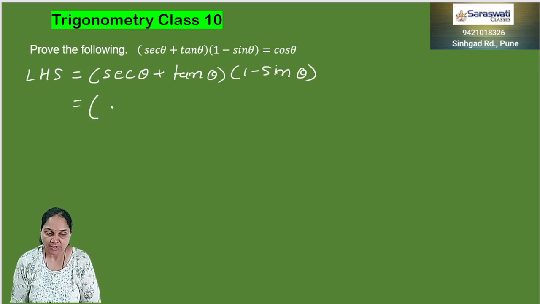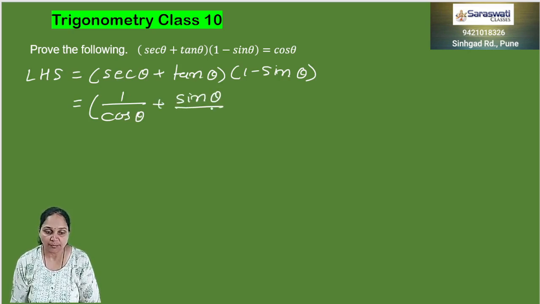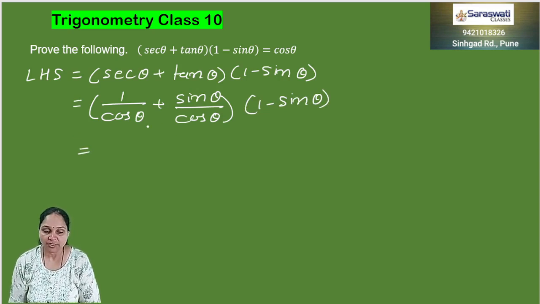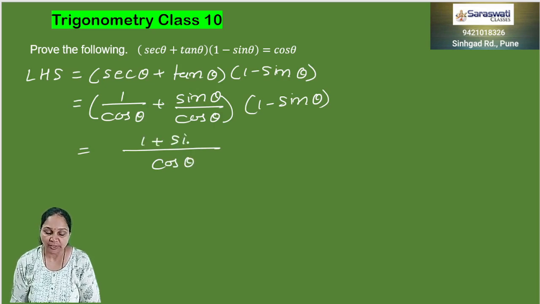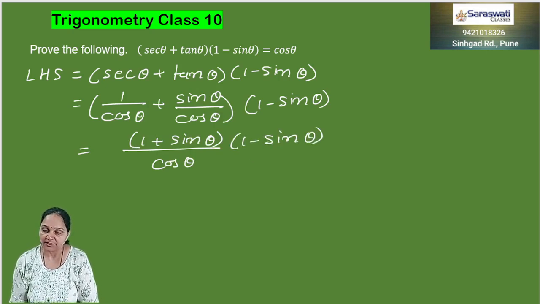Like in the previous example, substitute 1 upon cos theta for sec theta and sin theta upon cos theta for tan theta, into (1 minus sin theta). Okay. Now in the first bracket we have the same denominator, so write it as a common denominator, and in the numerator we get (1 plus sin theta) into (1 minus sin theta).